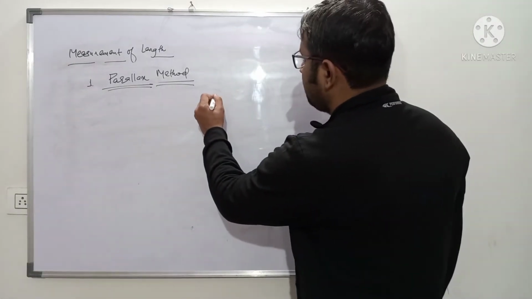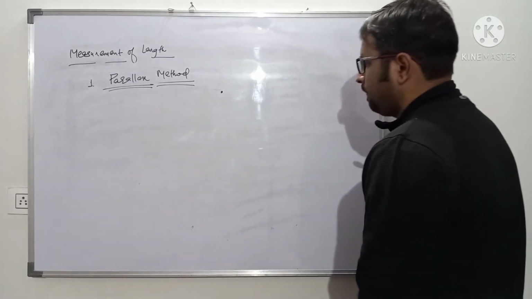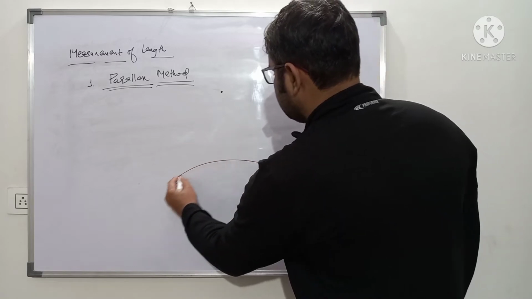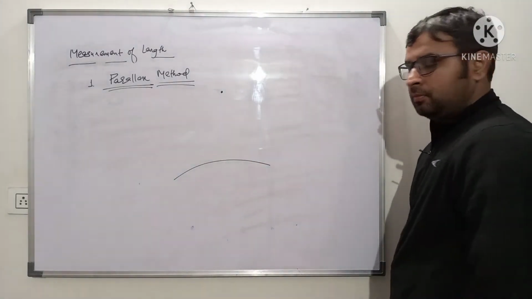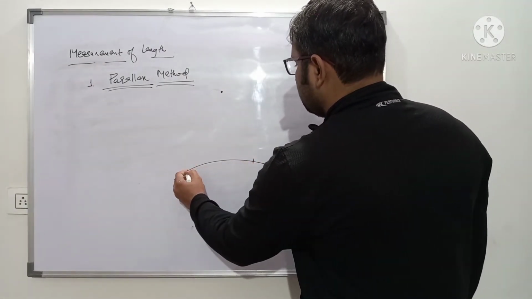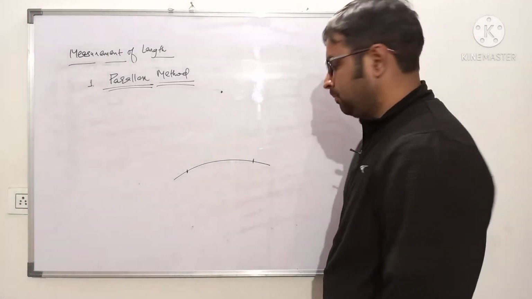Suppose this is a moon, and this is the surface of Earth, and these two are the observatories.